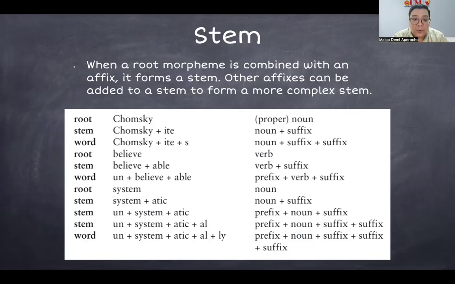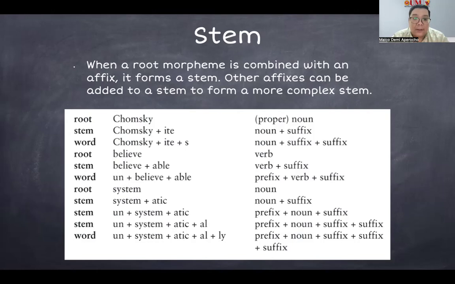When we add another affix, such as unsystematic, it's still a stem: prefix, noun, suffix. Even if we add the suffix al to make it unsystematical, prefix, noun, suffix, and suffix, it's still a stem. But the moment we make it unsystematically, wherein we added another suffix, this is the final word that we can produce out of affixation. That one now is a word.